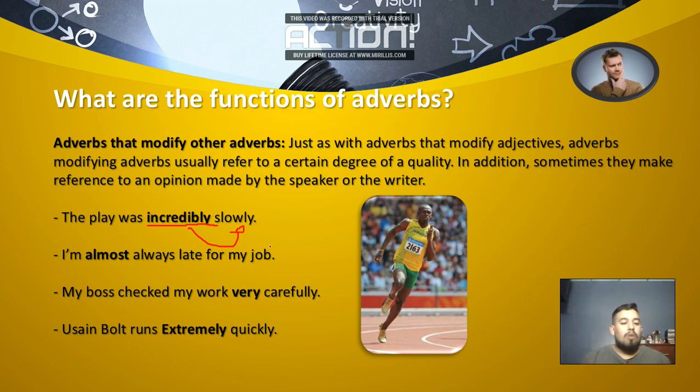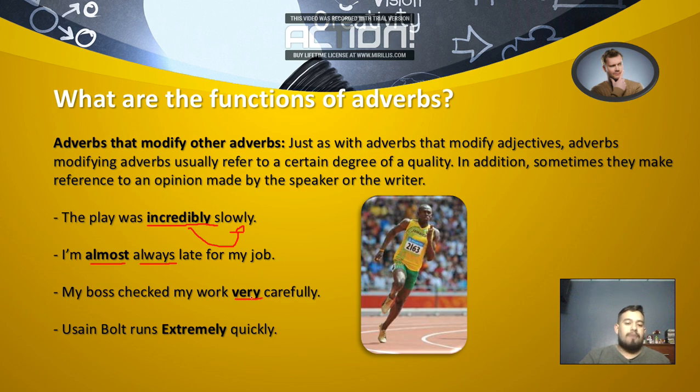I am almost always late for my job. In this case, almost is a degree, referring to just a little difference, it's not always. Maybe this person is late for his job, I don't know, five days a week. My boss checked my work very carefully.